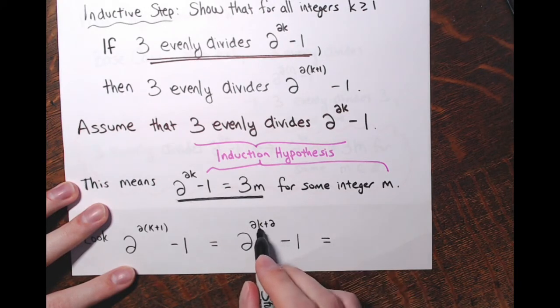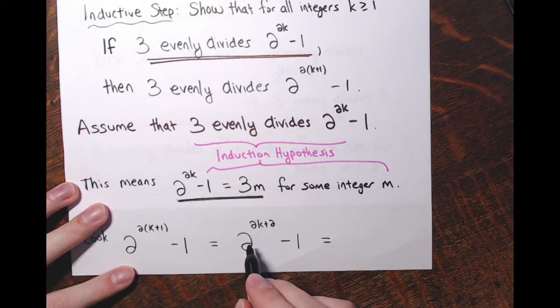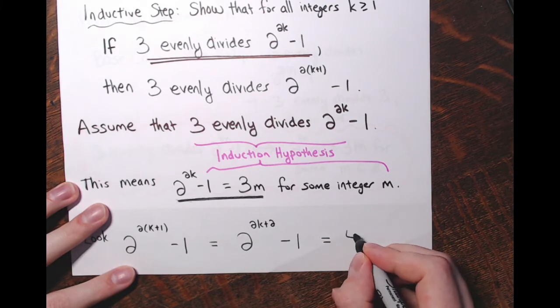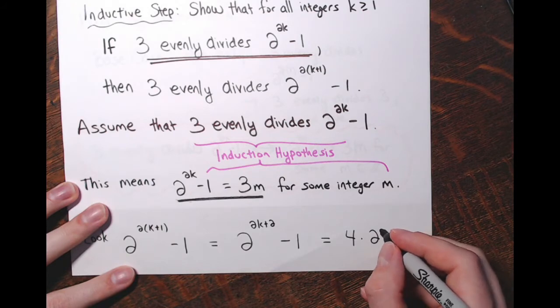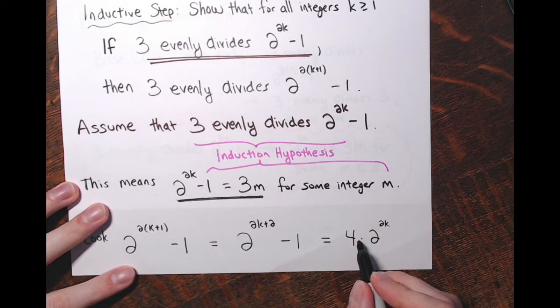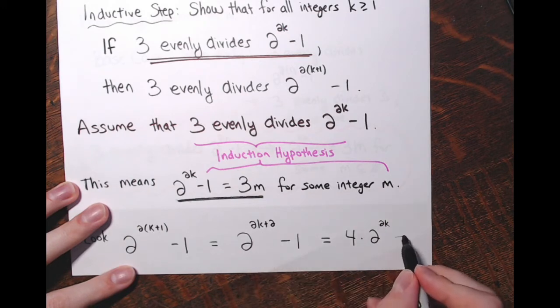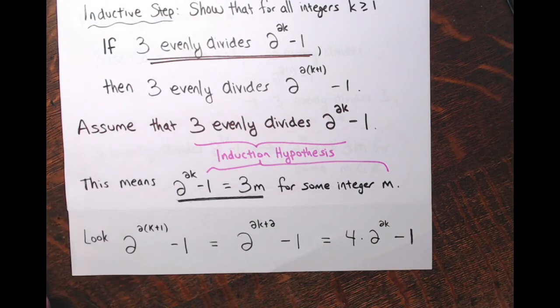And then using some properties of exponents, this is 2 to the 2k times 2 squared. So this is 4 times 2 to the 2k. That's 2 squared times 2 to the 2k. That's that. And then minus 1. All right. Now here's where I can use the induction hypothesis.